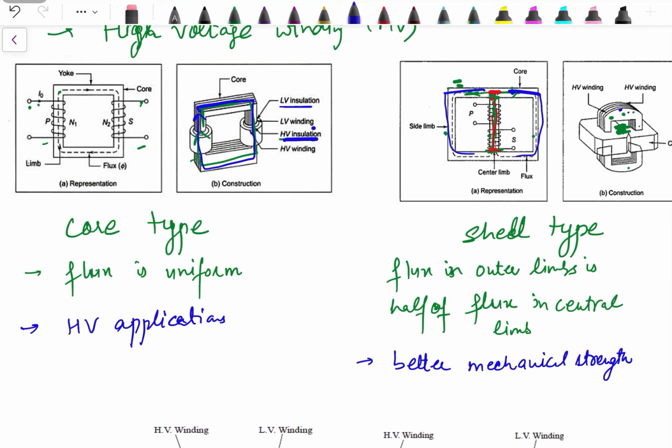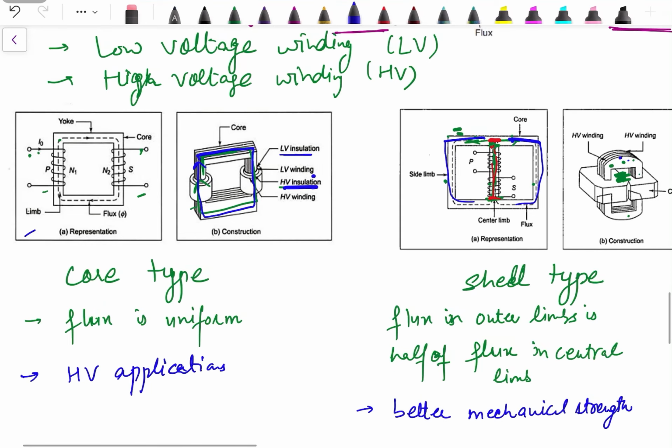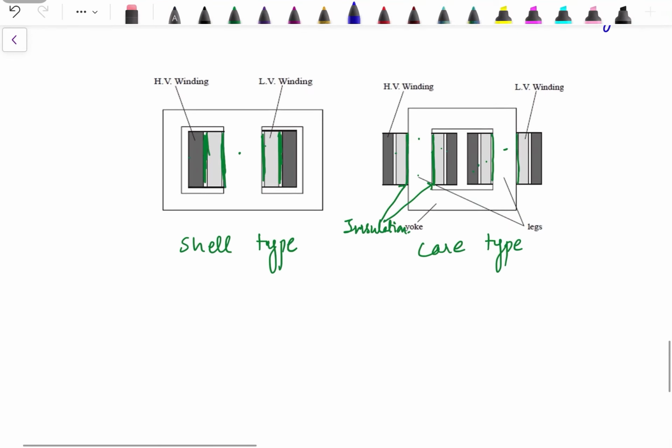And in order to understand the basic principle, we will show it like a core type transformer. We show it like this only so that we can have better understanding.